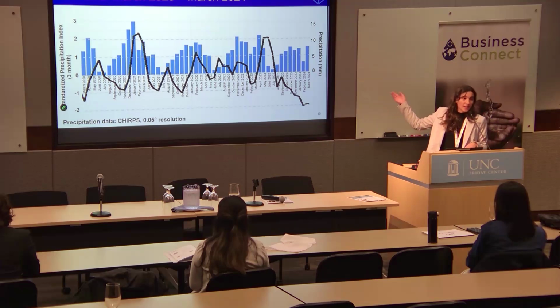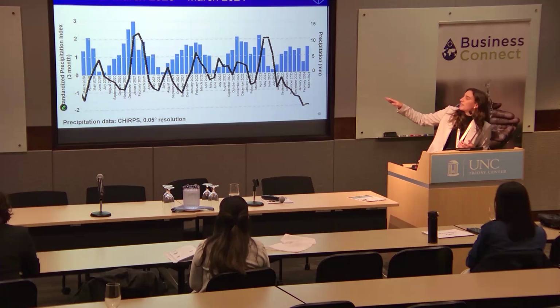So the more positive the SPI value, the wetter than average conditions are, and negative values indicate drier than average conditions. And this 3-month SPI that we use really provides a comparison of precipitation over that specific 3-month period with the precipitation totals from the same 3-month period for all years in the historical record that we used.